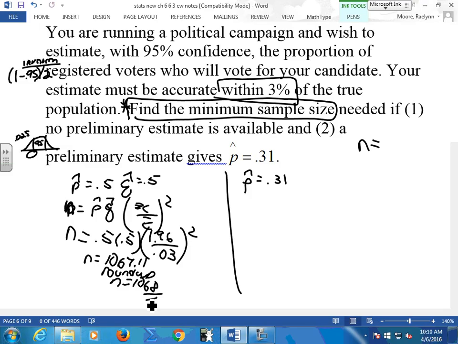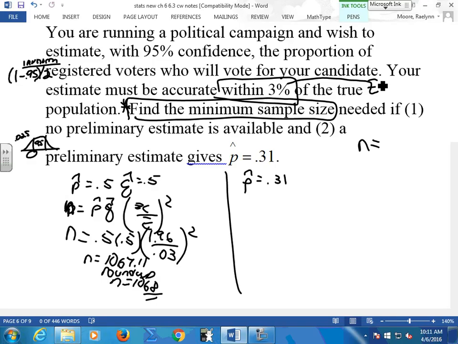It's the error so that you can make that interval. You want to say, I want to be within 3% of the numbers. So whatever my interval is, it's my plus or minus 3%. How many people will I need to get within that interval? That's for the sample. This is to find the sample size.